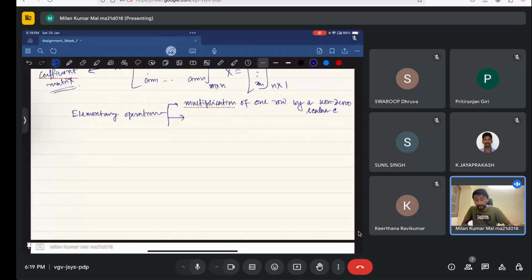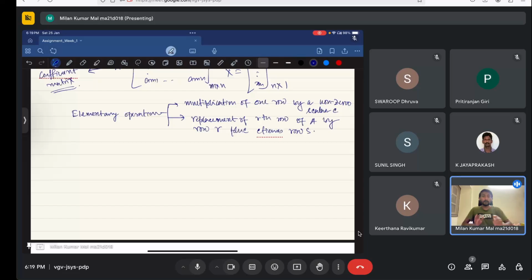The second thing is that you can add one row to another row: replacement of the rth row of A by row r plus c times row s. The main point is that suppose you have two rows, here is one row and here is another row.